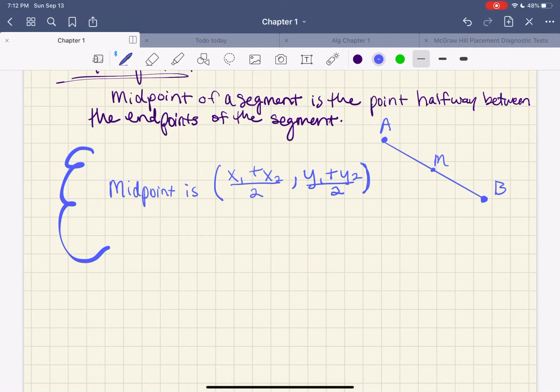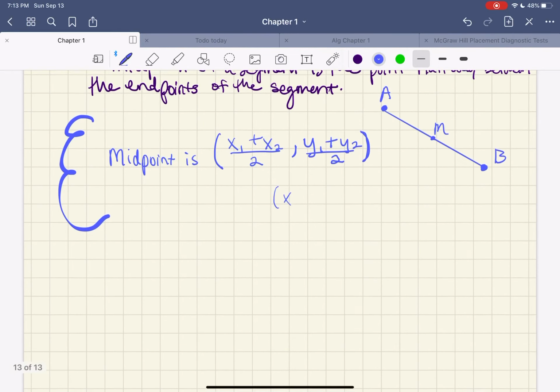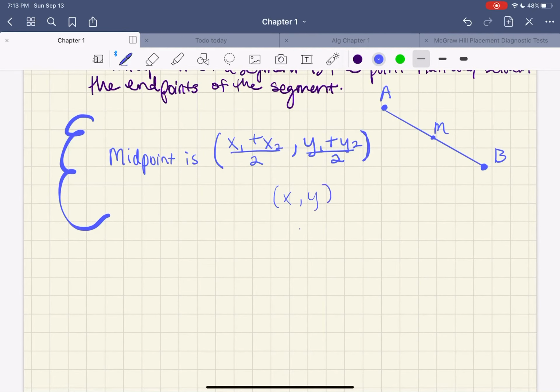Now, there's no equal sign here, because what this gives us is a point. At the end, we would end up with an xy coordinate, which is the literal location of the midpoint.